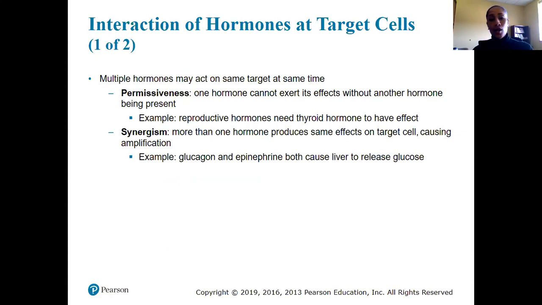Synergism is going to occur when more than one hormone produces the same effect on the target cell, but the effect is amplified. So glucagon and epinephrine both are going to cause the liver to release glucose individually. But when you put them together, we're going to have an amplification of the release of glucose versus the response that they have on their own.